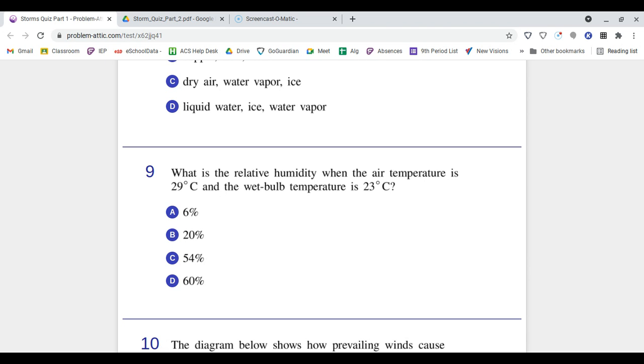Take that difference, and you're going to use 29 because that's our air temperature. The air temperature is the same thing as dry bulb temperature. So you'll use 29 and the difference between 29 and 23, and go across the top and find where they meet.